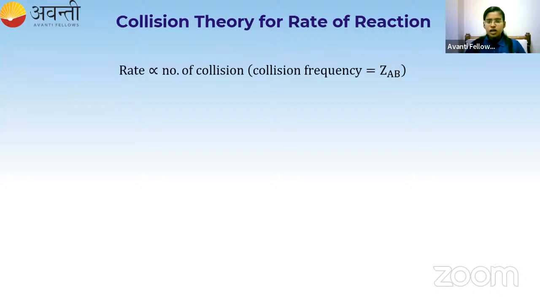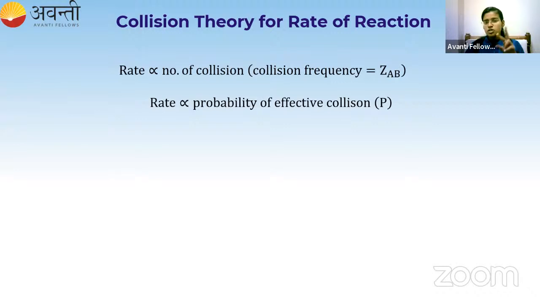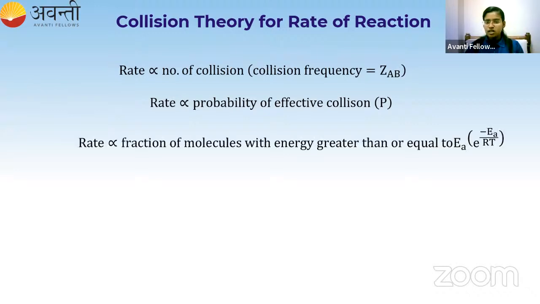Now the rate is directly proportional to the probability of effective collision also. So rate is proportional to the collision frequency Z as well as to the effective collision. If the effective collision is more, then the reaction is faster. It also depends on one more factor, which is the fraction of molecules with energy greater than or equal to EA. So rate is proportional to these three terms.